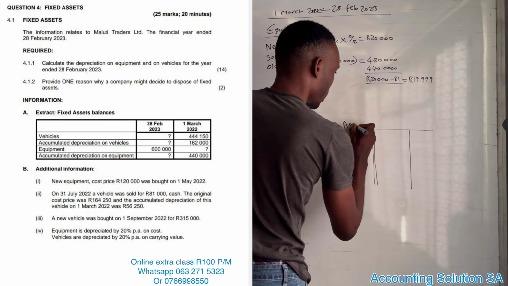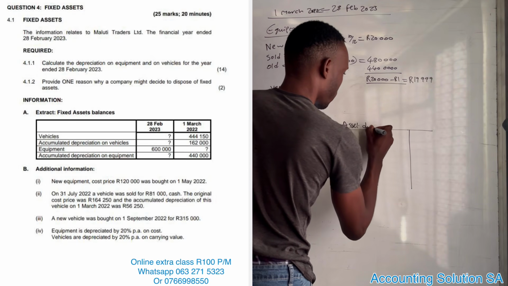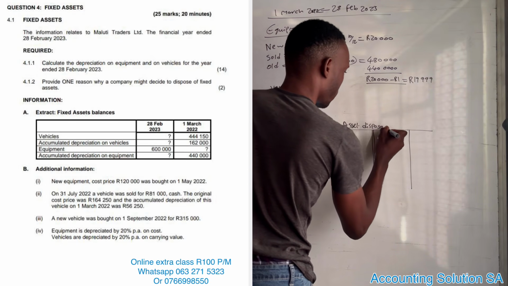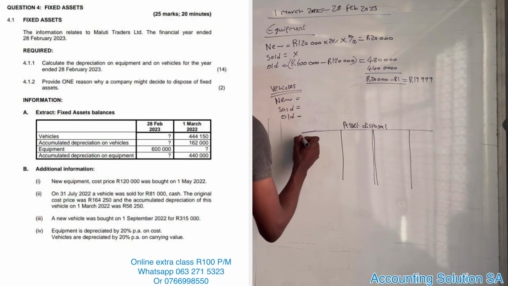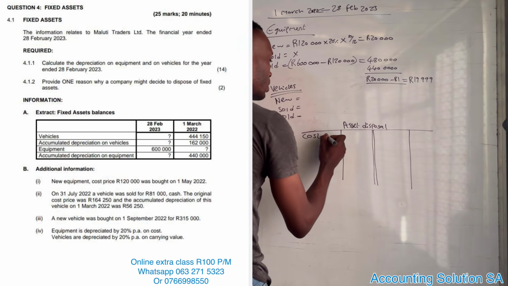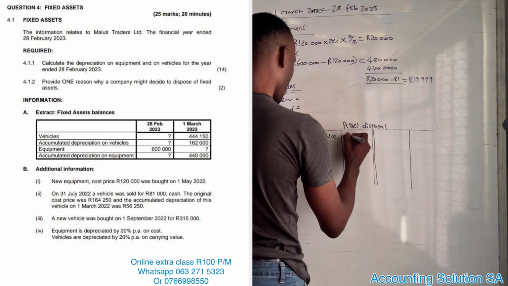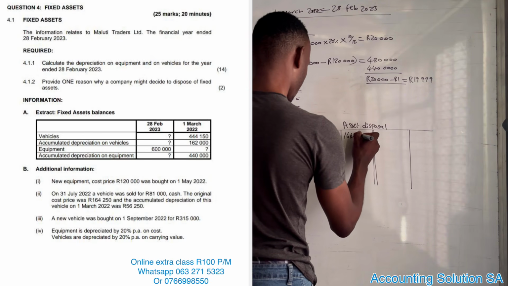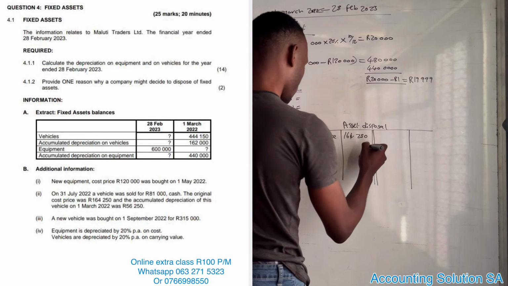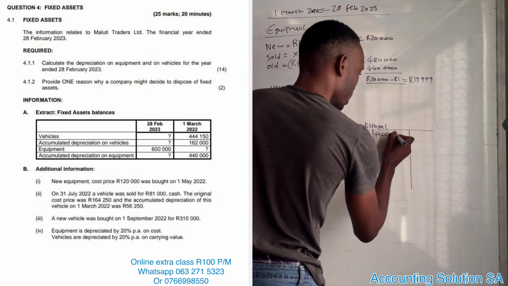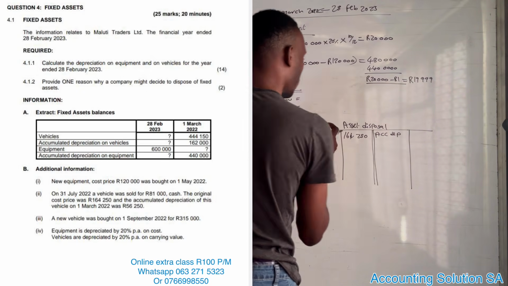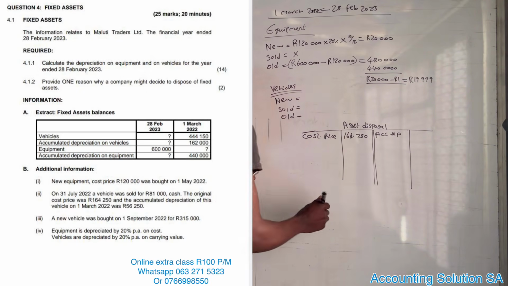Assets disposal. This side we put a cost price, and the cost price of this sold one was 164,250. This side we put accumulated depreciation, where we are also going to calculate the depreciation that we need here.